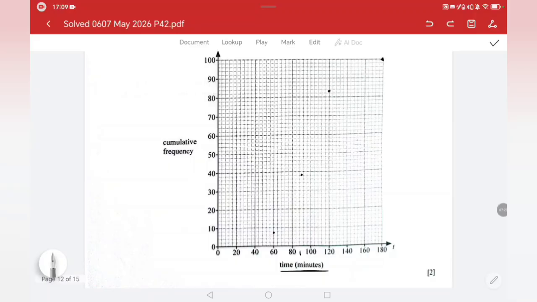It's not easy to make it on a tablet. Okay. It should be something similar to this one.